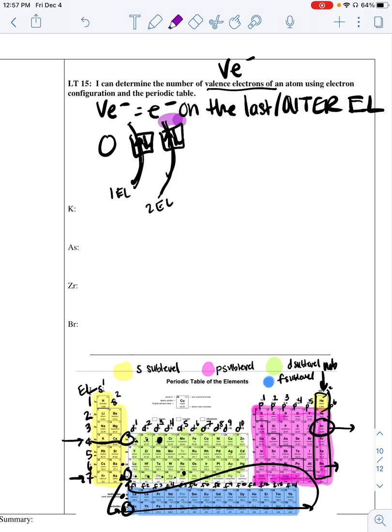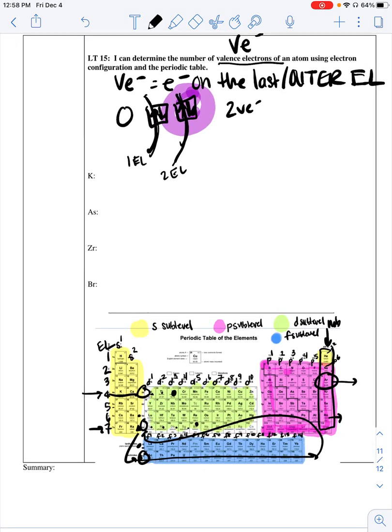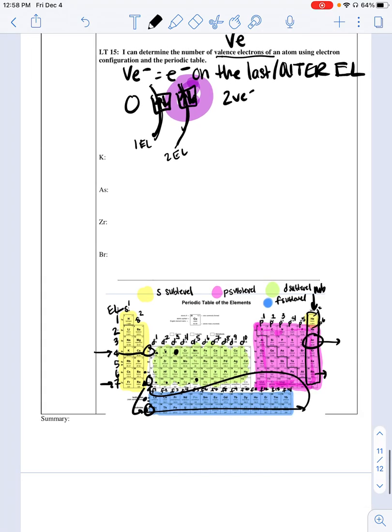These guys here are my valence electrons. This atom would have 2 valence electrons because they're the electrons on the last energy level. It's always electrons on the last or the most outer energy level.